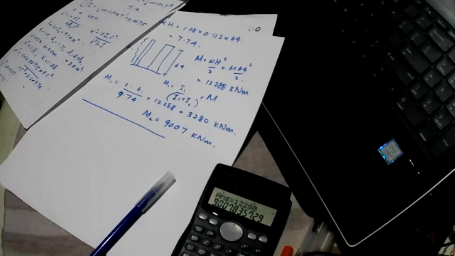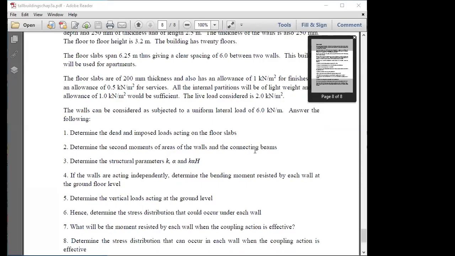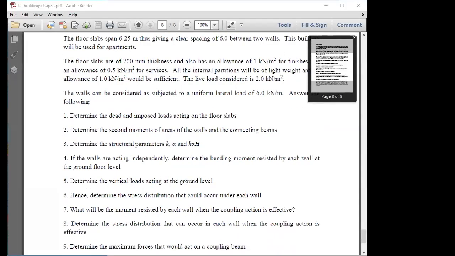Right. So now we look at the next part of the problem. Hence, determine the vertical loads acting at the ground level, and then determine the stress distribution that could occur under each wall.